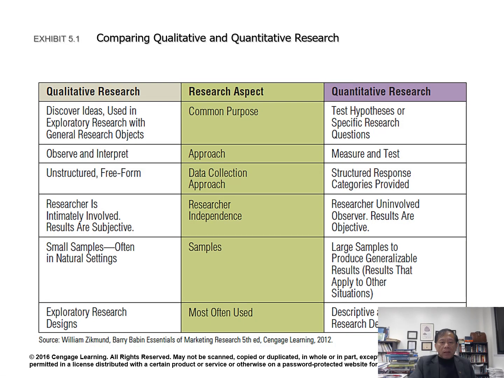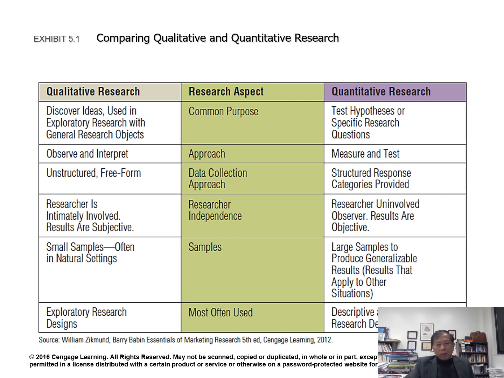Here is an example showing the comparisons of qualitative research and quantitative research. Looking at common purpose, with qualitative you discover ideas, used in exploratory research with general research objectives, and with quantitative you test hypotheses or specific research questions.